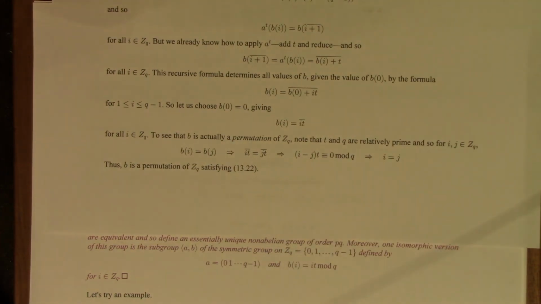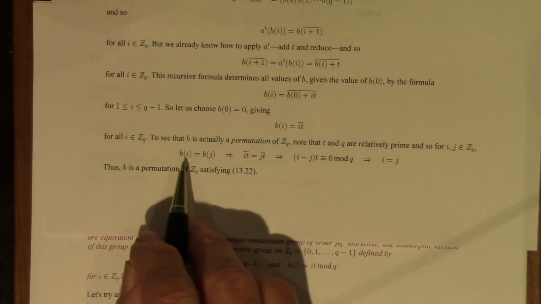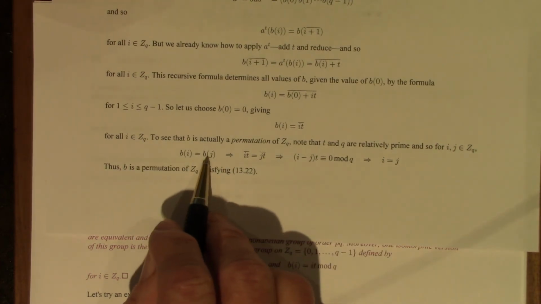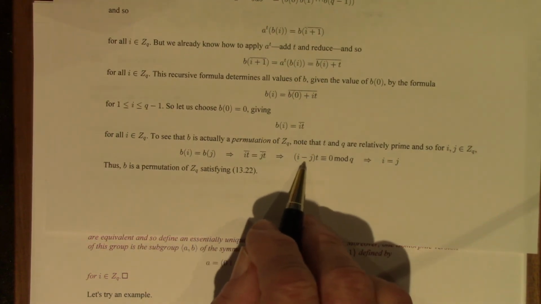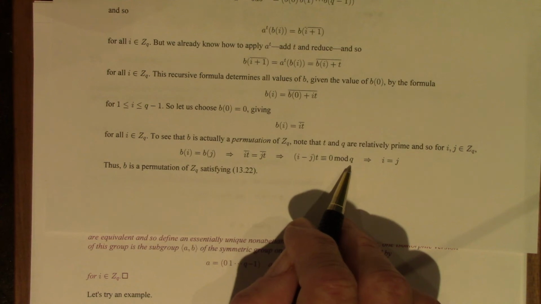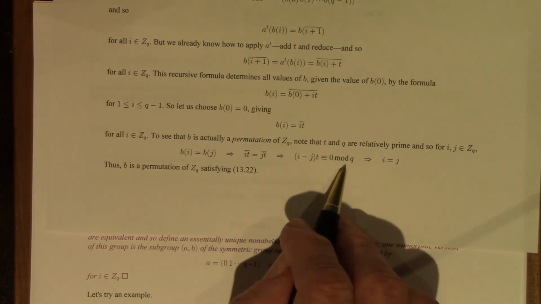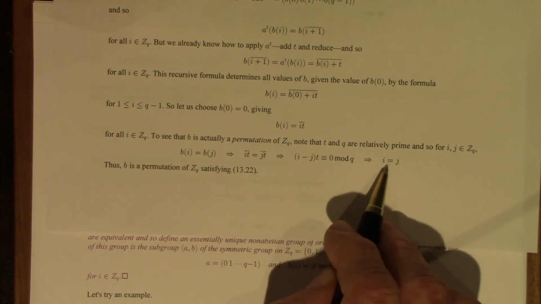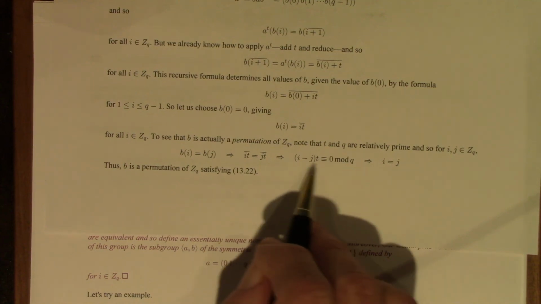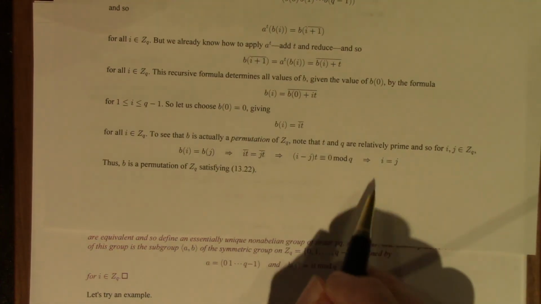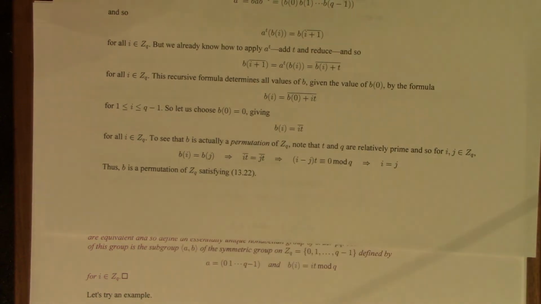So for any two elements in Z_Q, B of I equals B of J implies IT bar equals JT bar, implies (I minus J)T is congruent to 0 mod Q, which means that because T and Q are relatively prime, I is equal to J, because I and J are between 0 and Q minus 1. So B is a permutation.